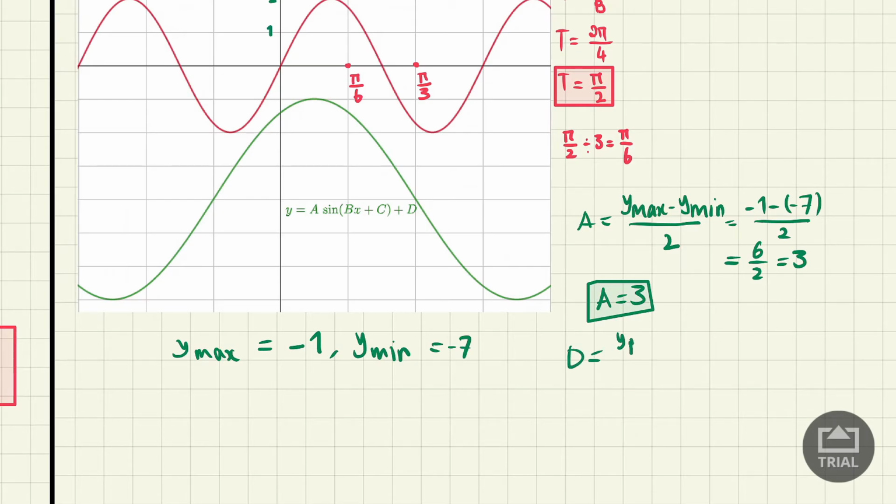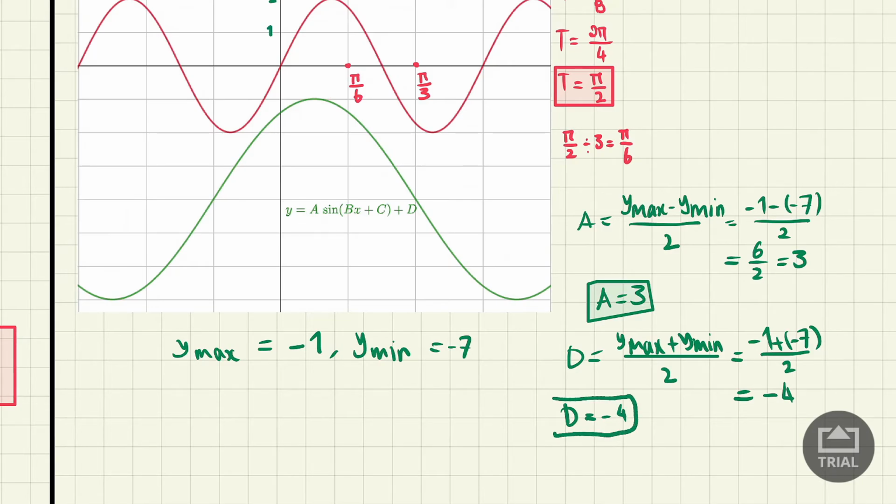D is y max plus y min divided by 2. What is the answer? Yeah, minus 1 plus minus 7 divided by 2, which is minus 4. So D is minus 4. This is D. Okay, so we found A and we found D. Now time is for B.